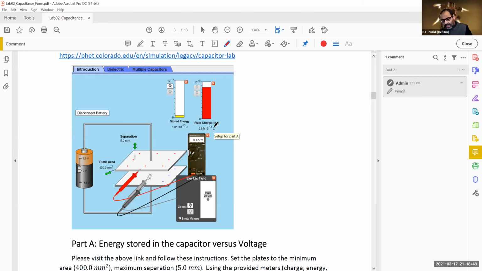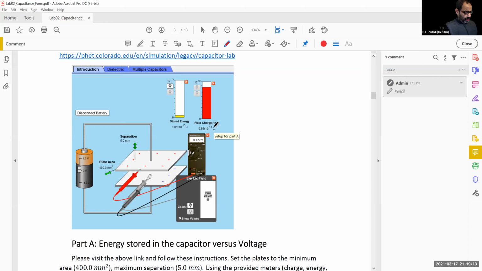But you have this capacitance in other devices. Let me grab my Arduino board quickly. Let me see how much capacitance this one is.